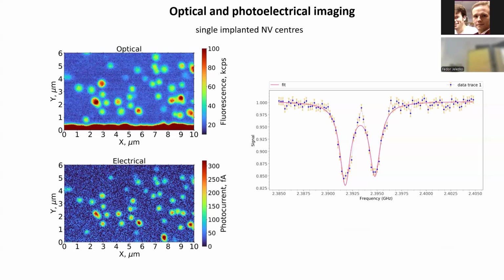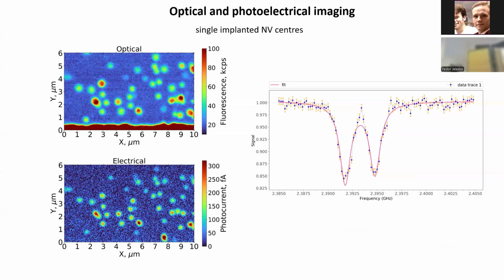I think the majority of spots are visible in both cases, but some of the centers visible in the photoelectric signal might not be visible optically if they are not NV centers. So you can also see some color centers in photoelectric readout which are not visible optically and are not NV centers. But in this case, the majority of correspondence is there. It's good.